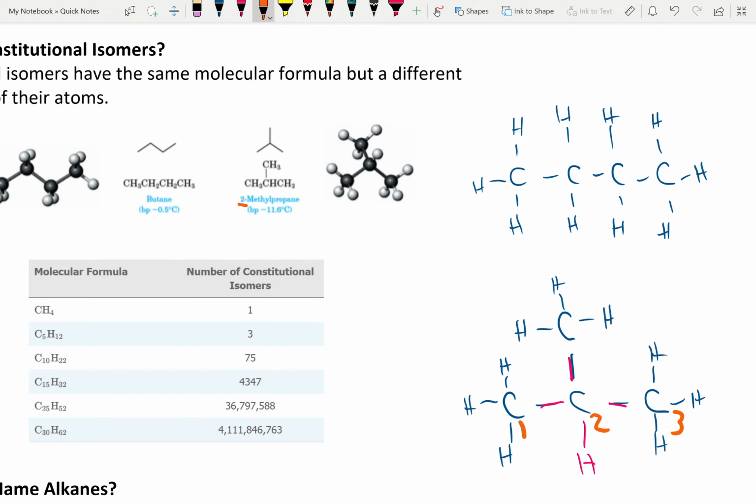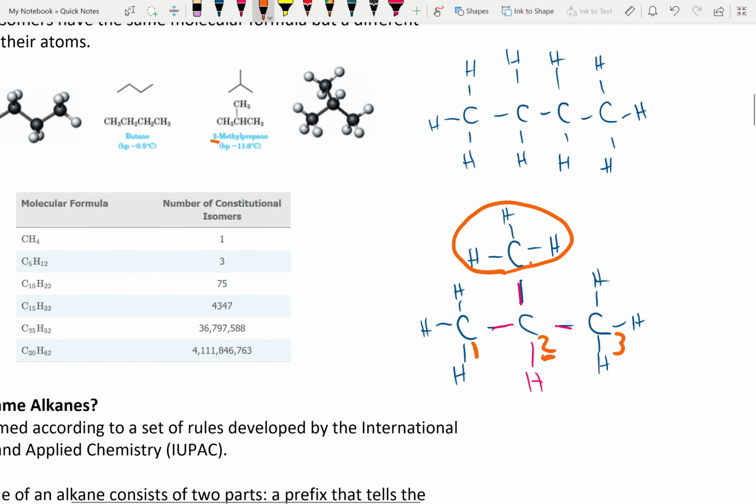And at the second carbon we have a methyl group attached. That's the CH3. So we have 2-methyl, and then the propane is the 1, 2, 3 carbon chain. So that's propane. If we had moved this methyl group to here, then it'll look just like the butane.